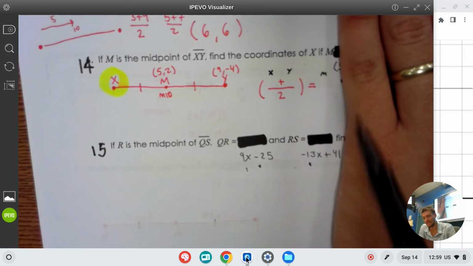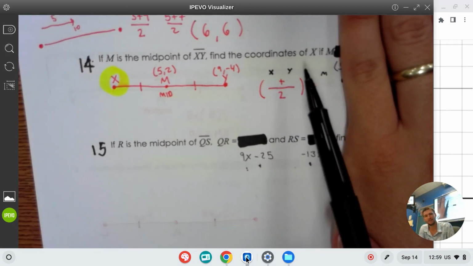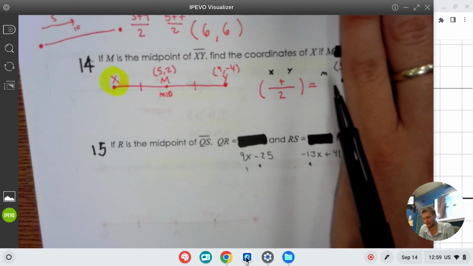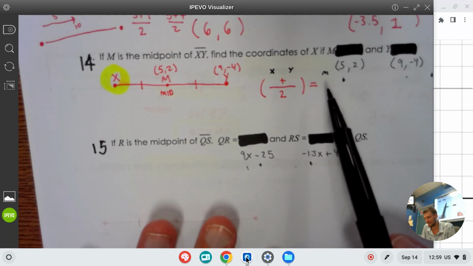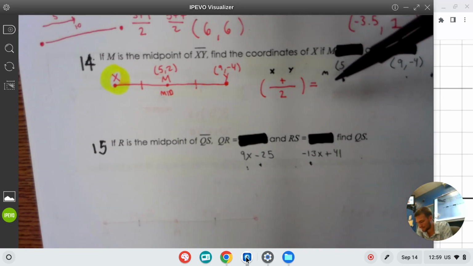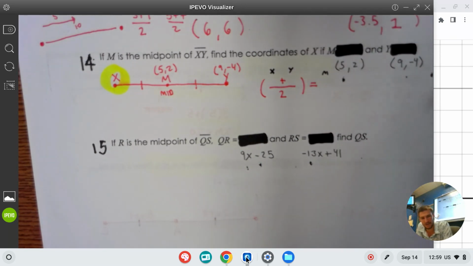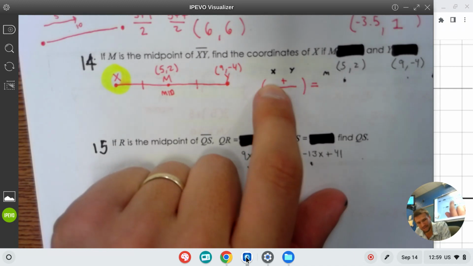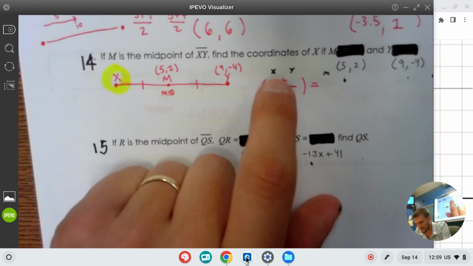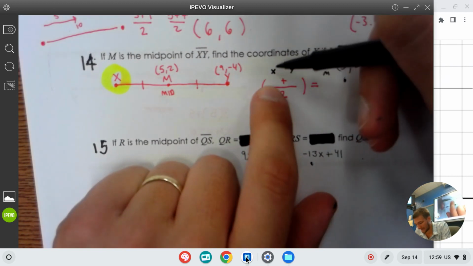Now, typically, we know X, we know Y, we don't know M. But for this question, M is something that we do know. So we're going to take this little formula here, and we're going to plug the numbers in. X. Do we know what the X is? No. We don't know what the X is.